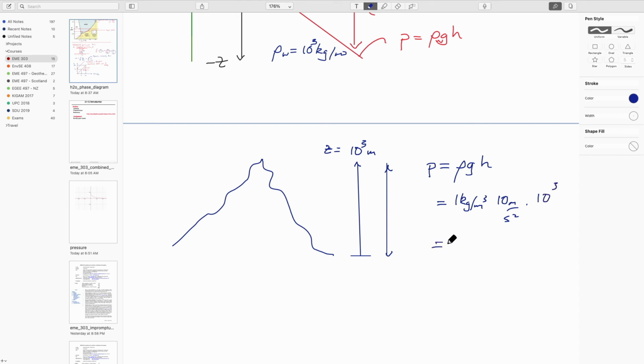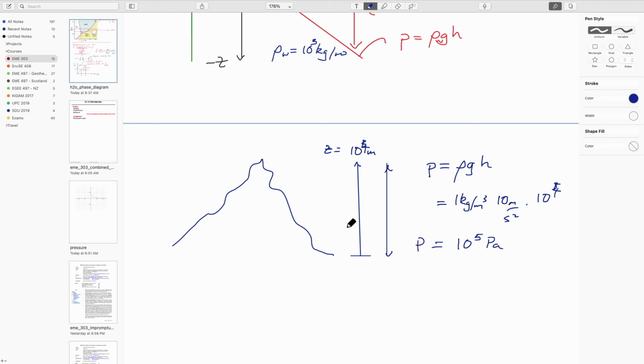And if you work that out, it comes out to something like 10 to the 4, isn't it? It's 10,000 meters, not 1,000 meters. So this turns out to be 10 to the 5 pascals.